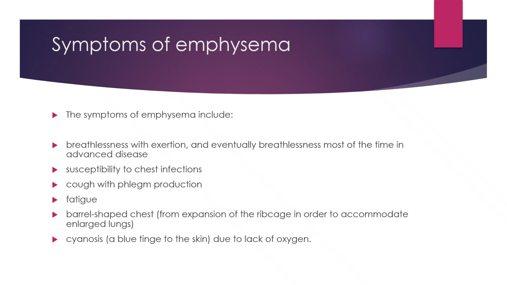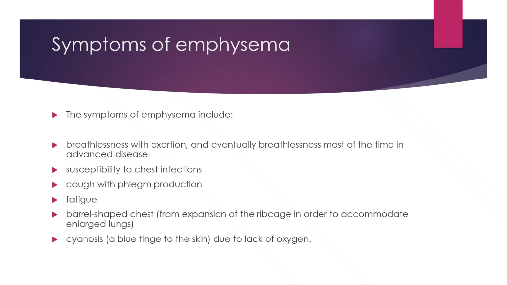Thirdly, the patient will be having a lot of cough, which would be productive of phlegm. Fatigue or weakness would be present because the body is unable to provide oxygen to the vital organs, as a result of which the person will feel weak and fatigued. The chest will develop a specific shape which we call a barrel-shaped chest.